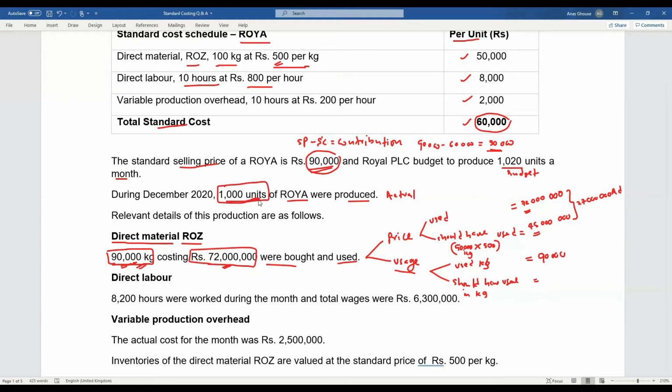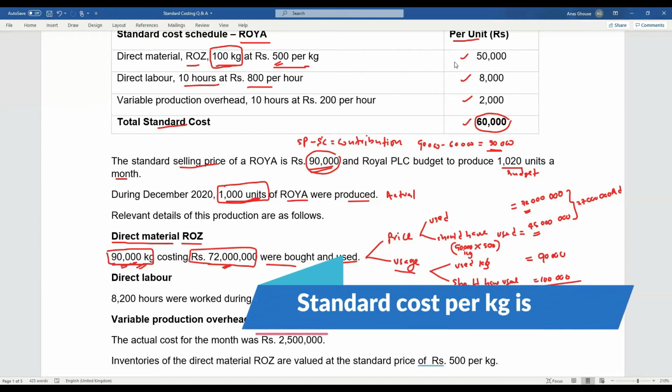How much should we have used? We planned to use 100 kg per unit. So to produce 1,000 units, we should have used 100,000 kg. So therefore, there is a 10,000 kg difference times our standard cost, which is how much?